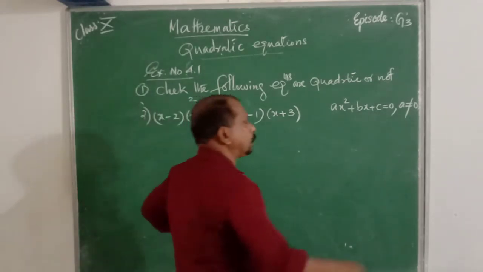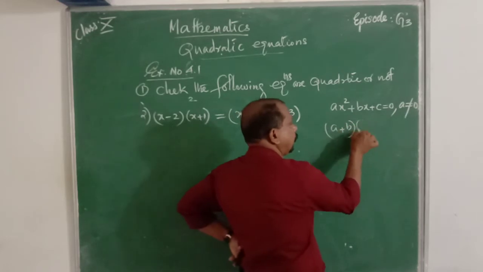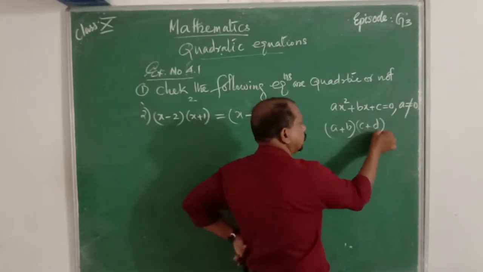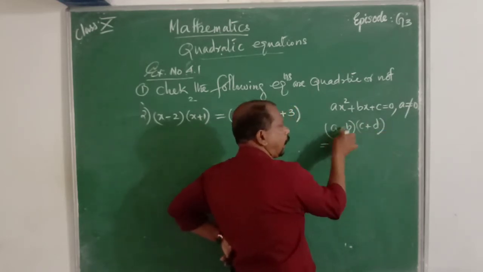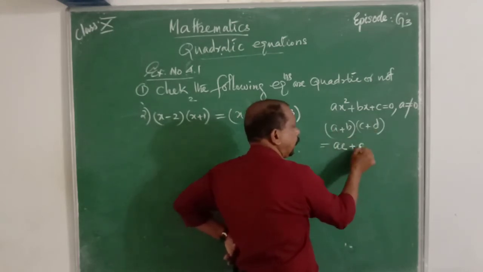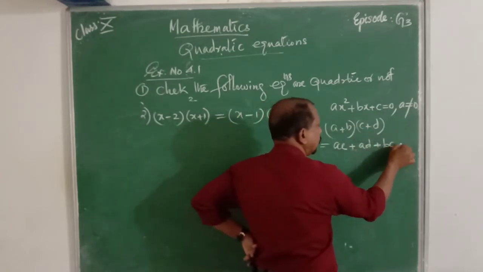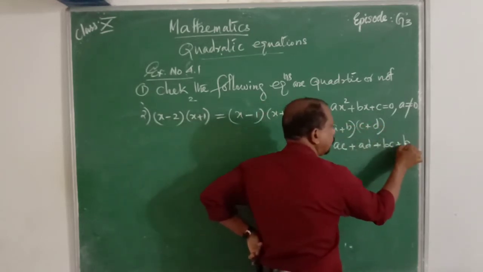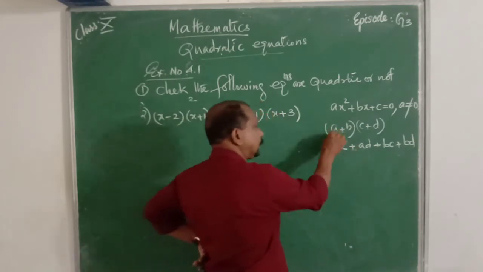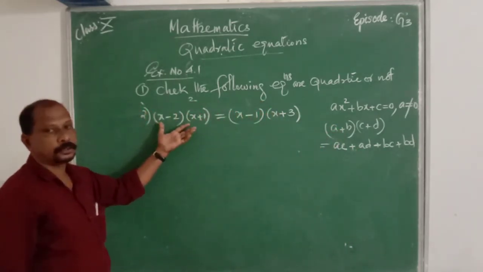We know the distributive law: (a plus b) into (c plus d) is equal to ac plus ad plus bc plus bd. Using this result, we can expand these two terms.